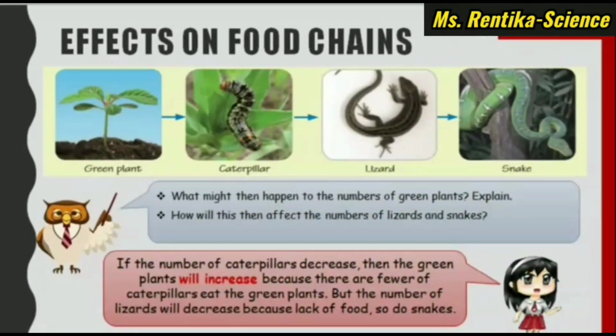And then, what might happen to the number of green plants? If the number of caterpillars decreases, then the green plants will increase because there are fewer caterpillars to eat the green plants.